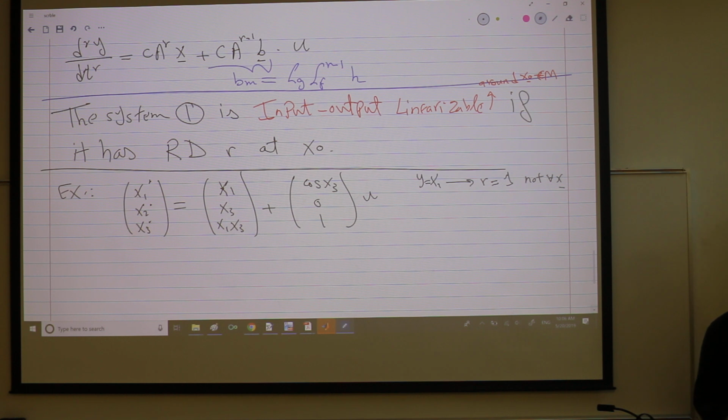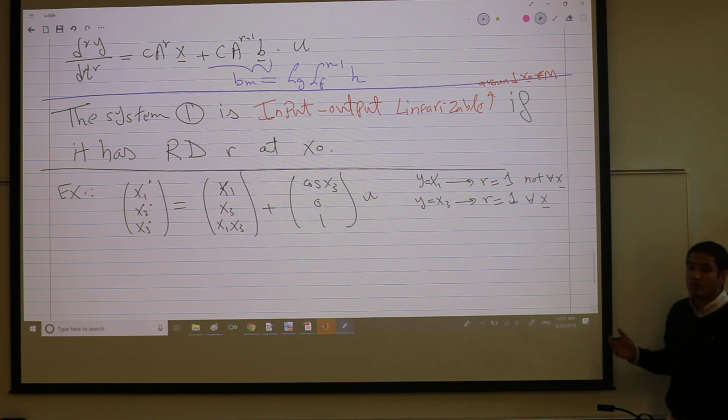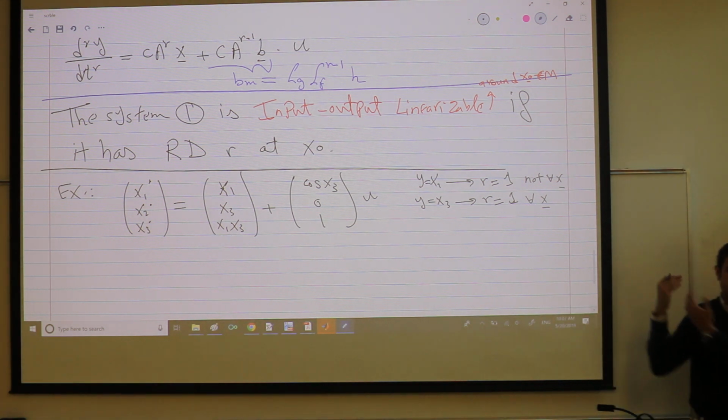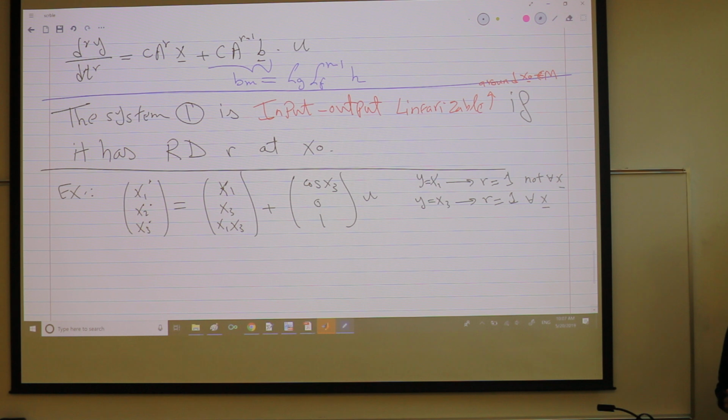If we choose x3, what would be the relative degree? 1, and this time for all x, right? But a relative degree 1 is not a good thing, because you will have just one linear equation, and the rest of the system is nonlinear.